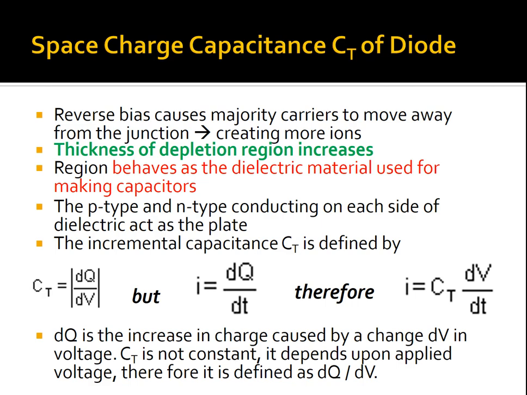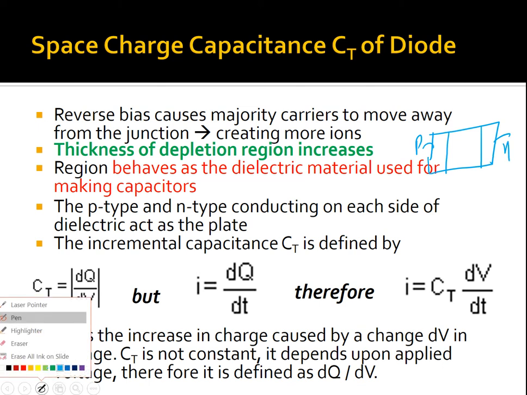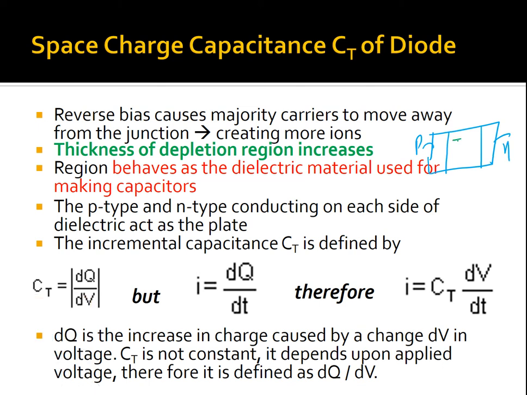Another very important characteristic of the diode's depletion region is the surface charge capacitance. In the depletion region, what is actually happening? We have a layer of p-type ions on this side and n-type material on the other side, with the depletion region here.